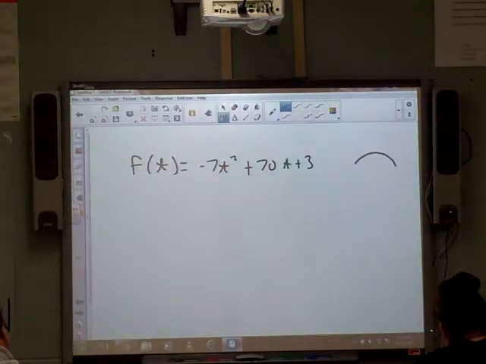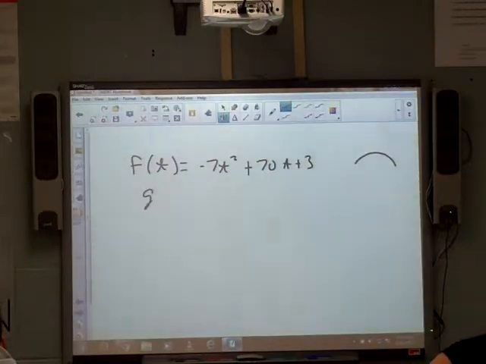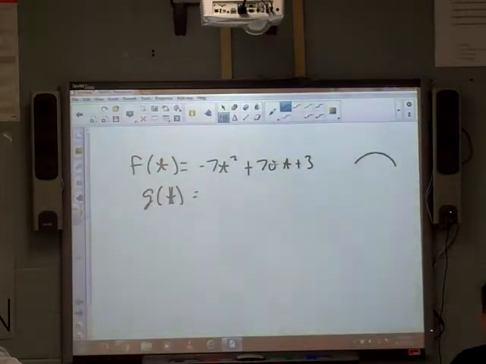So if I strike the ball half as hard, by 1/2, I'm just going to take this and multiply it by 1/2. So I'm going to have g of t. I don't like the t because it kind of looks like a plus sign. That's why I tried to do a cursive one, but then you can't tell that. It's a t, it's on your paper. Now I'm going to distribute 1/2 to all of these.